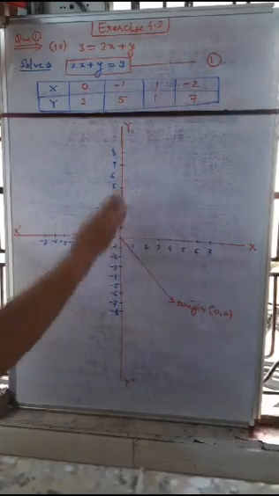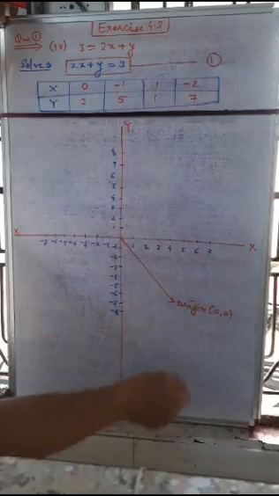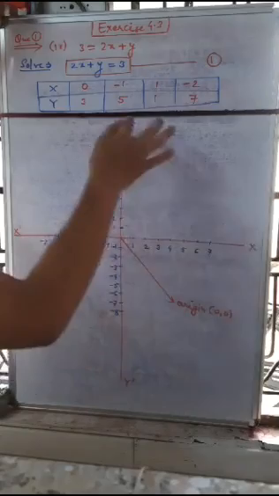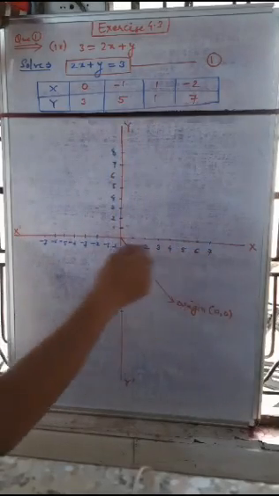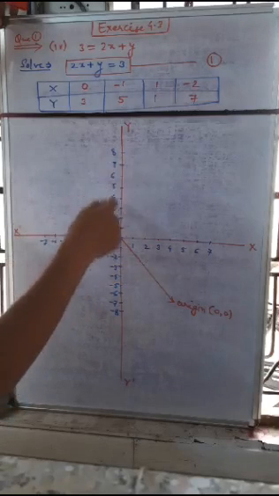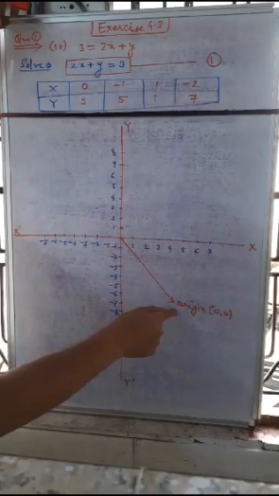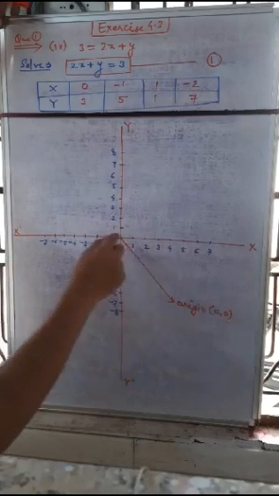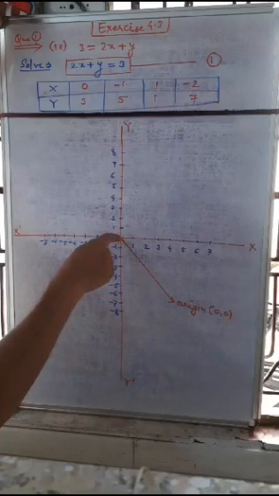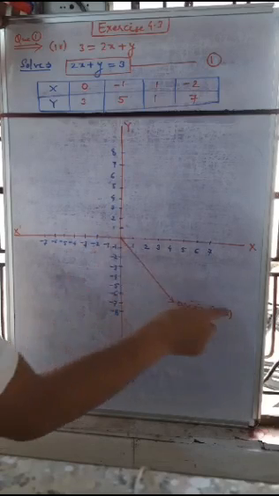As we know, it is the Cartesian plane. There are two axes in the Cartesian plane, x and y. This is the positive x-axis from the origin. The intersecting point of both the axes is called the origin, and the coordinate of this point is 0, 0. That means at this point the value of x will be 0 as well as the value of y.